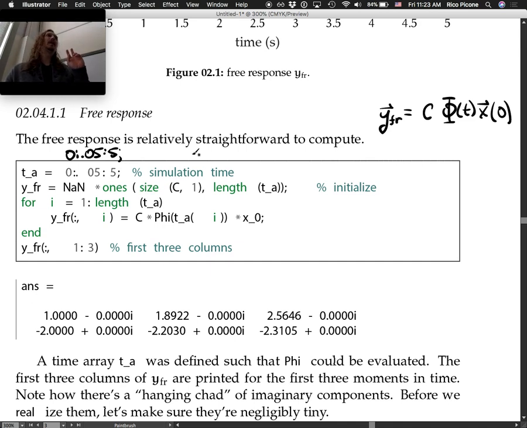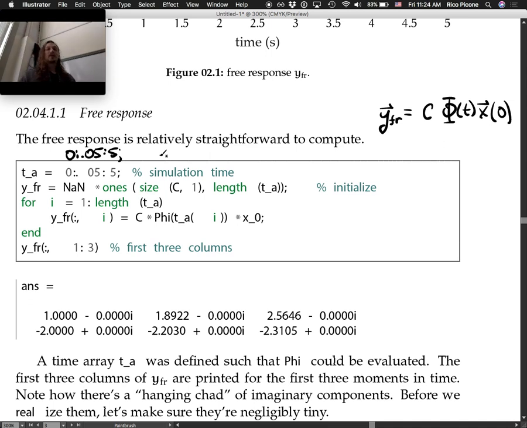And so we're going to want to compute those two outputs at each value of time, at time equals 0, time equals 0.05, etc. So we can construct an array that is a 2 by however many points TA has, 2 by length of TA, that gives us those two outputs at each time step. Okay?